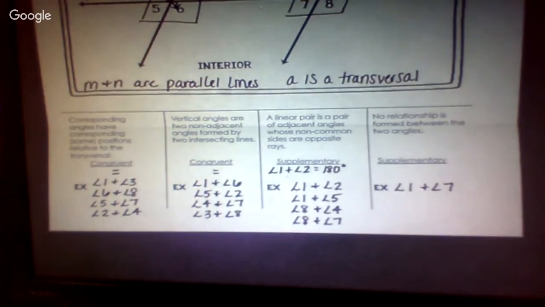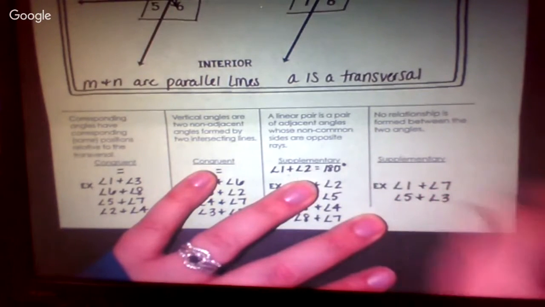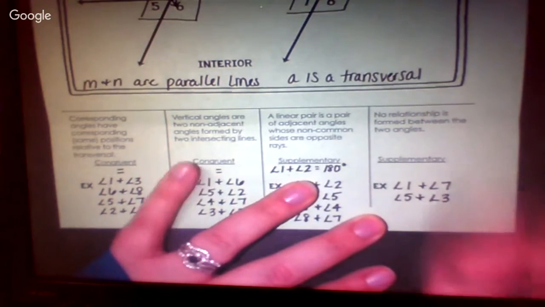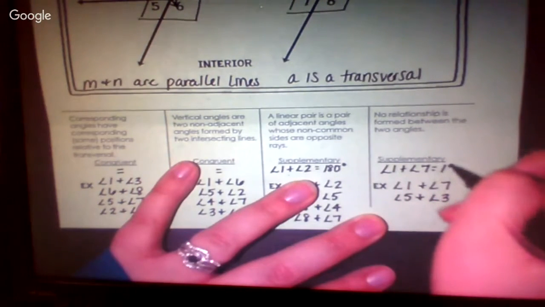They are alternate, but one's on the exterior, one's on the interior. So they have no relationship formed between them. Or something like angle 5 and angle 3. And again, these are also supplementary. So if I add them together, they equal 180.